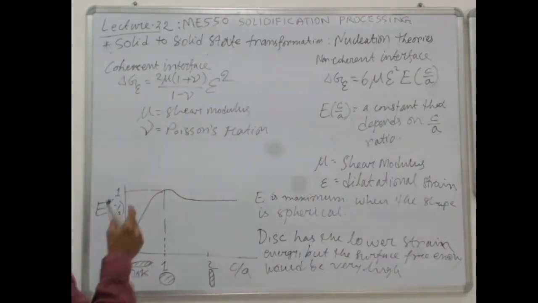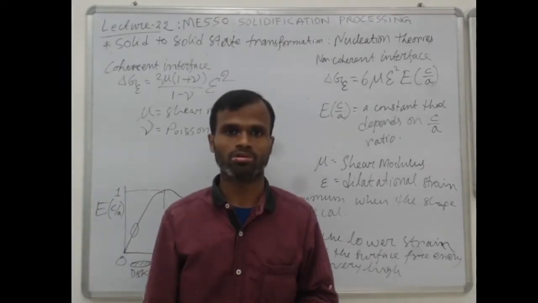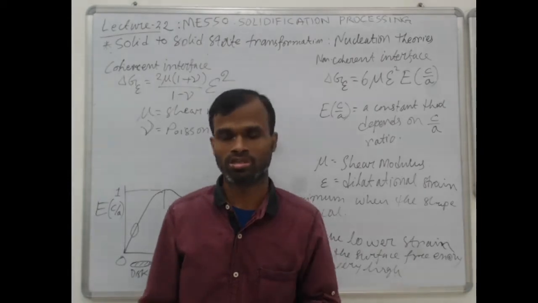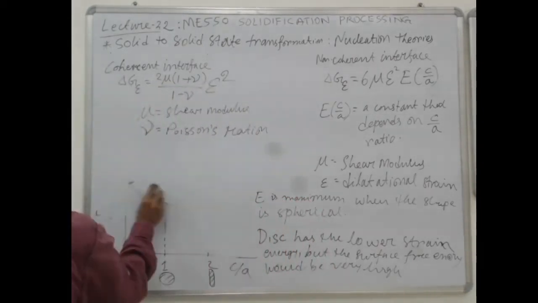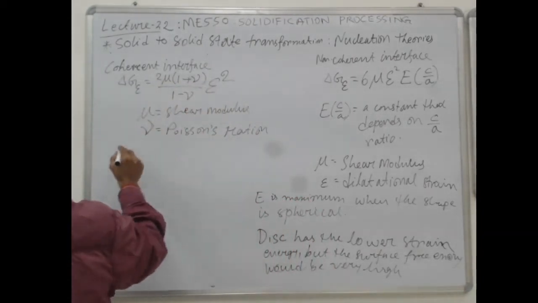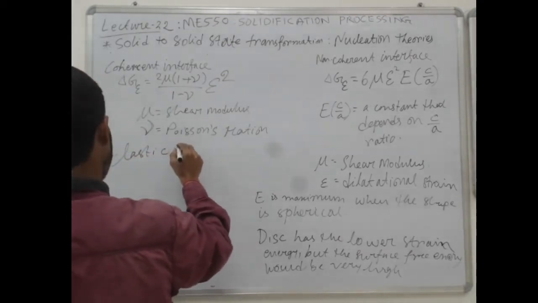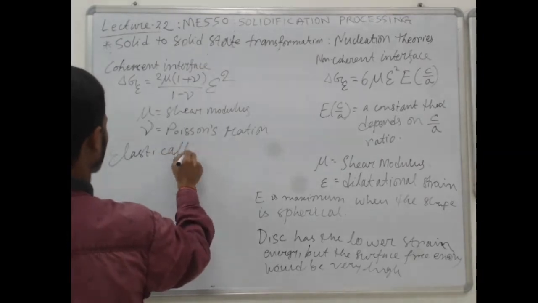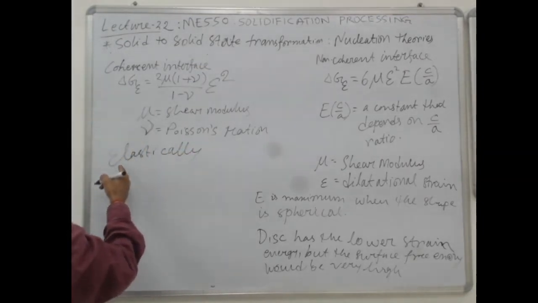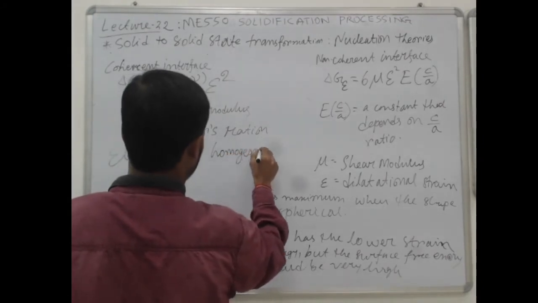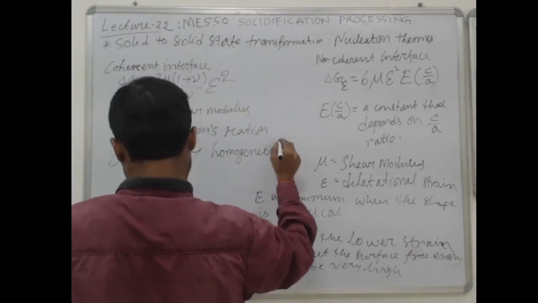There are many other forms that you can follow, but these two are the very basic or most important that you should remember. This equation is given for elastically homogeneous system.